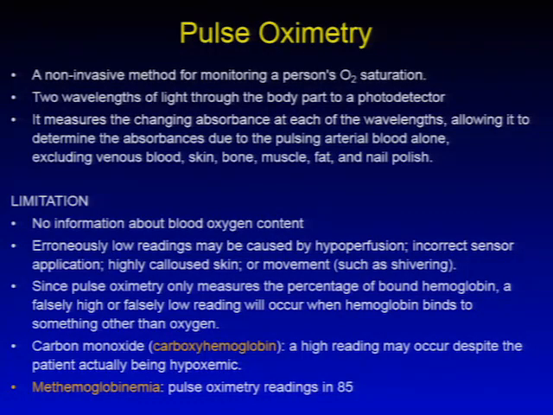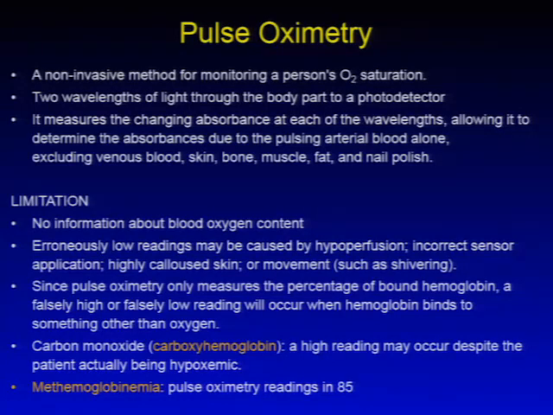For example, carbon monoxide causes carboxyhemoglobin that has the same absorption feature as oxyhemoglobin. Therefore, carboxyhemoglobin is read as a higher reading, and this may occur despite the patient actually being hypoxic. On the other hand, methemoglobin has equal absorption at 940 nanometer and also 660 nanometer.